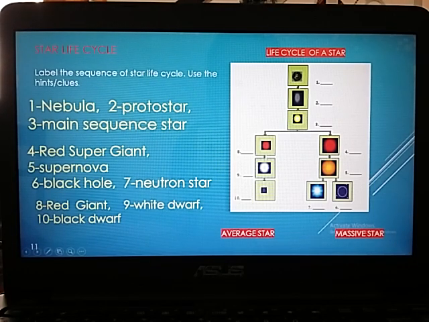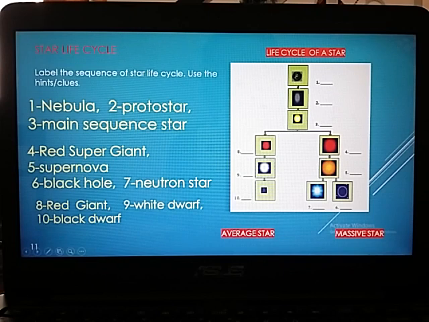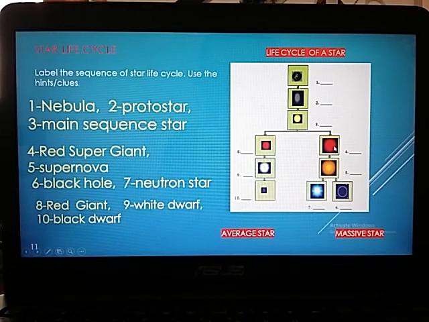Then, balik tayo sa taas. Kung ang main sequence stars is malaki and starts to die, it will go down here. Tinatawag nating red supergiant star.